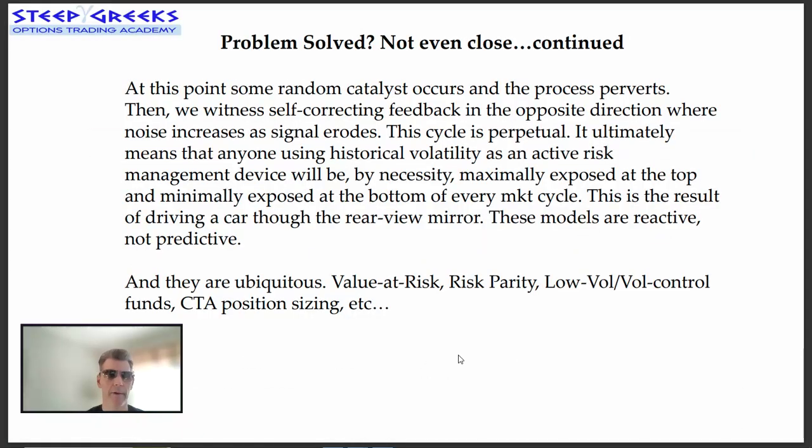They're everywhere. Value at risk, risk parity, low vol control programs, CTA position sizing. Everybody that trades a portfolio that uses some quantitative risk modeling is going to use 1 over sigma as some sort of either position weighting or vol control level. It's just the nature of the game.